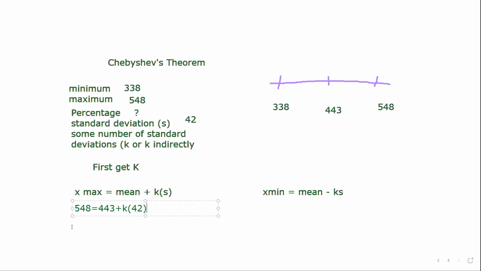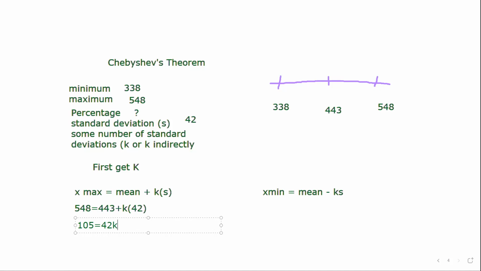So what do you get when you do that? 105, and that's equal to 42K, right? So now let's divide that by 42. Now you might get a decimal.